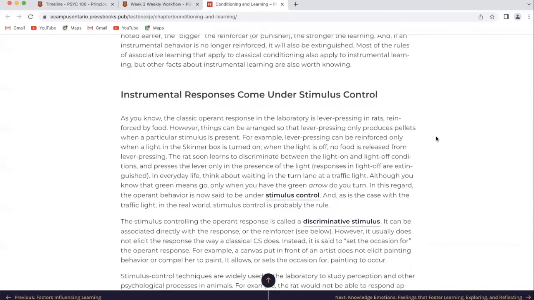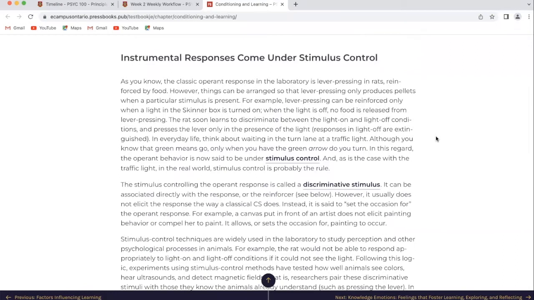Instrumental responses come under stimulus control. As you know, the classic operant response in the laboratory is lever pressing in rats, reinforced by food. However, things can be arranged so that lever pressing only produces pellets when a particular stimulus is present.